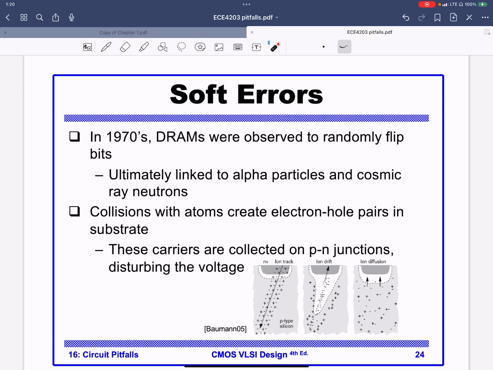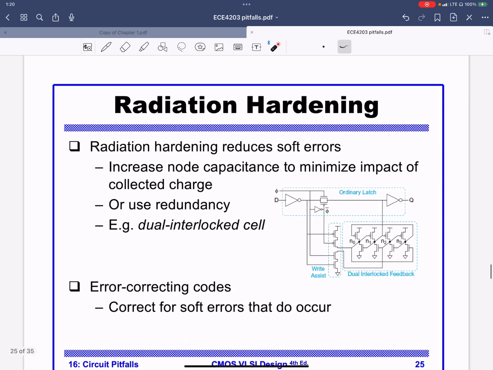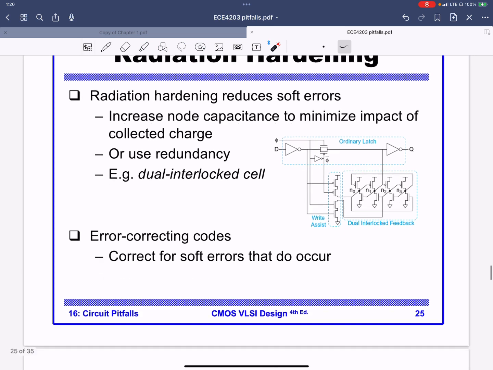So there, you have to take lots of precautions with your circuits to make sure that these soft errors, which might be individual alpha particles or cosmic ray neutrons, don't flip, say, the bit value of a flip-flop or a memory. So you have to do things like voting or hardening your circuit for radiation. But I don't think we need to really get into that. It's pretty specific.